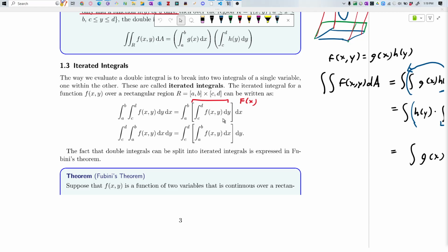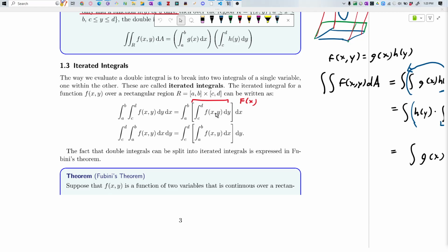So you'd compute the inner integral first. That would give you a function that only depends on x. Think about it like this: if you compute this inner integral, you'll end up integrating with respect to y. Then you evaluate at y equals c and at y equals d in order to do the definite integral.